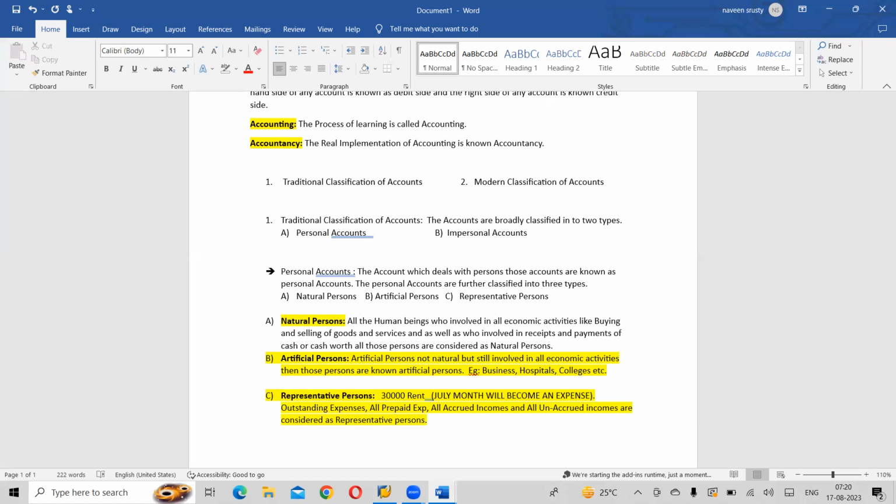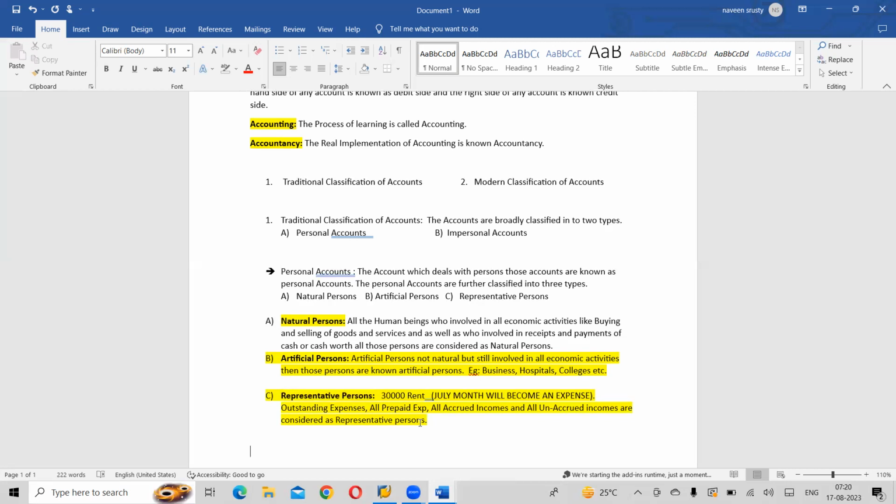See, it's very simple. Whatever salaries we need to pay our employees. Employees are natural persons, correct? And we are supposed to pay them. By taking services for that particular month, it will become an expense. We have taken the services but we have not paid them yet.